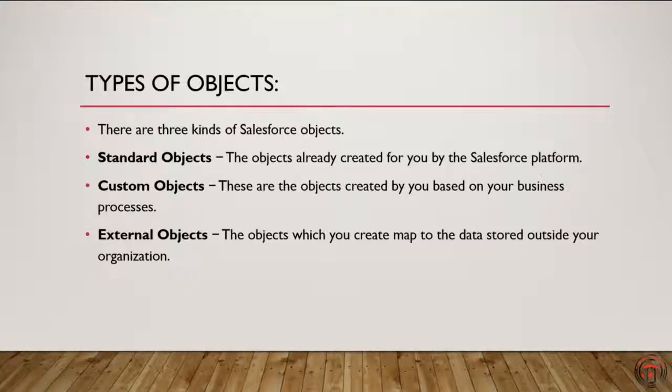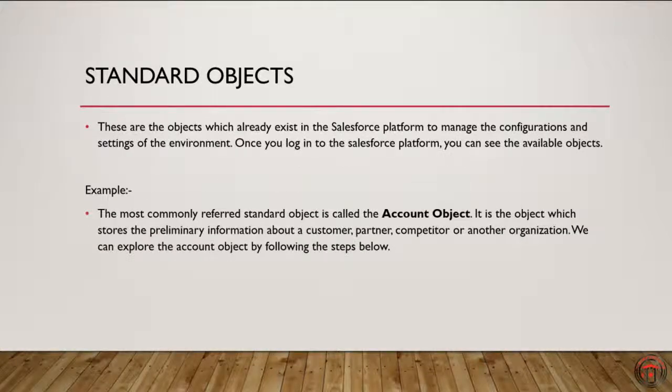There are mainly three kinds. First one, standard object. Second one, custom object. Third one is external object. So what is a standard object? Standard objects are the objects which are already present in the Salesforce platform when you're creating it. What do you mean by that? Let's say you're creating a developer org or creating a Salesforce org.